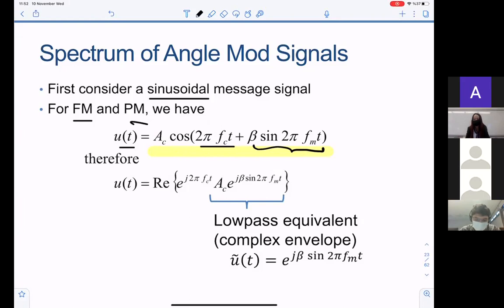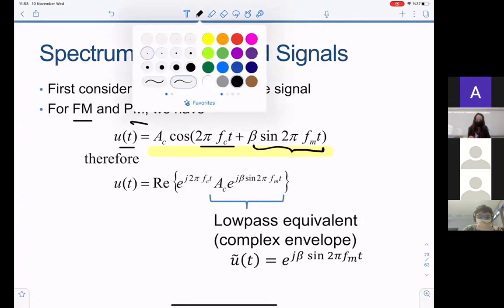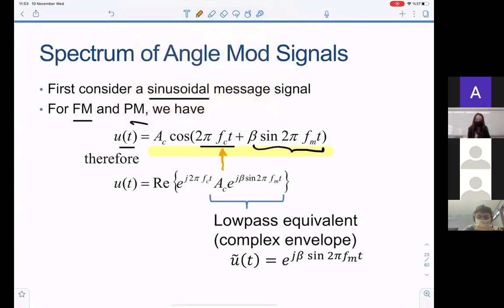Right? Now, this is a highly nonlinear operation, as we discussed last time, and determining its spectral content is not trivial, even for the single tone case. All right, so we will make use of the low pass equivalent of this signal. We call this a band pass signal, because it is essentially located around FC.